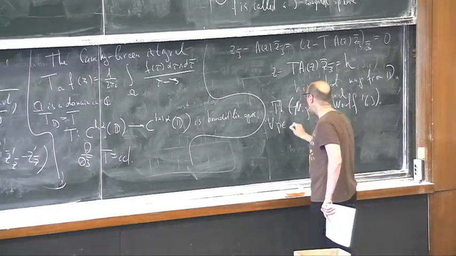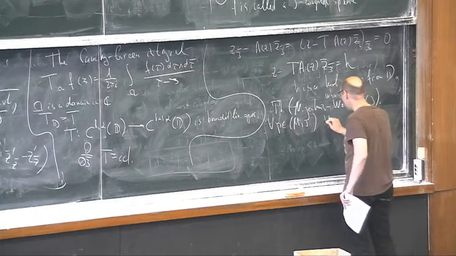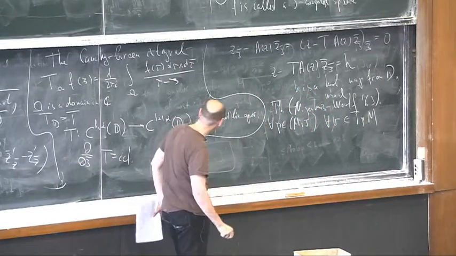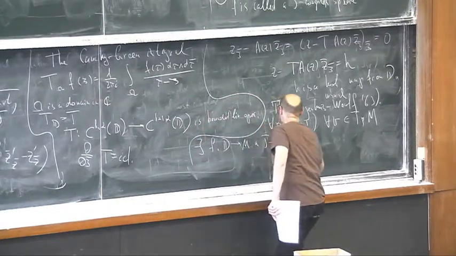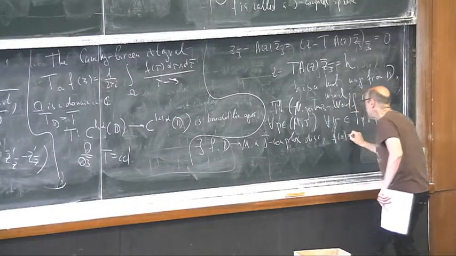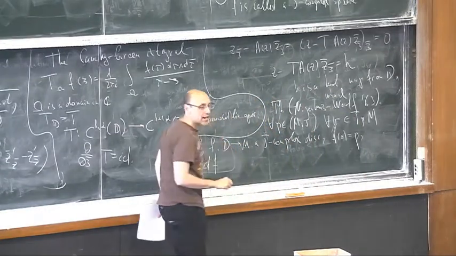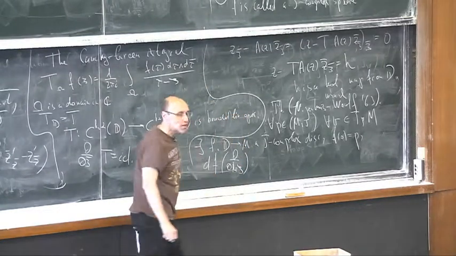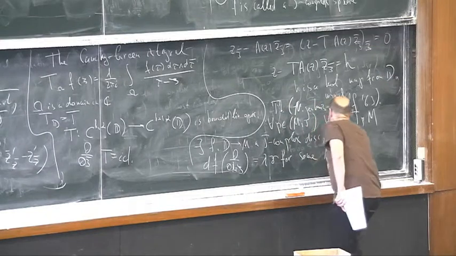For every point P of an almost complex manifold, and for every tangent vector v at this point, there exists a holomorphic disk, a J-complex disk, with the center at this point, that is f of 0 is equal to P, and with the tangent map, the tangent direction, so the image of this vector is equal to lambda v for some lambda which is positive.